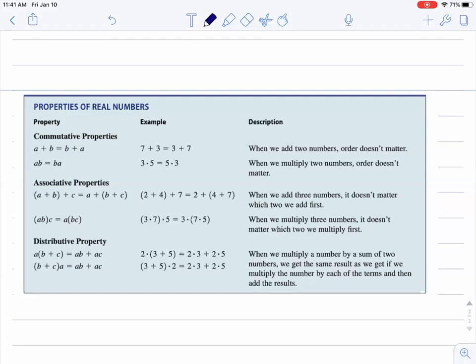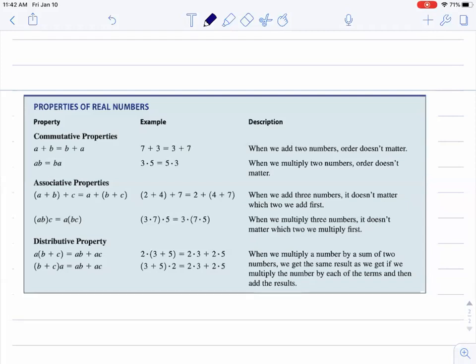Order does not matter. But that's only for addition and multiplication. If you're dividing, which one you're dividing by which matters. And same thing, 3 minus 1 is not the same as 1 minus 3. So it doesn't work. But those are called the commutative properties.